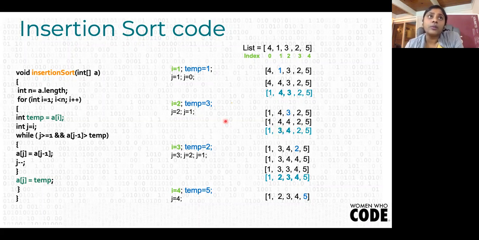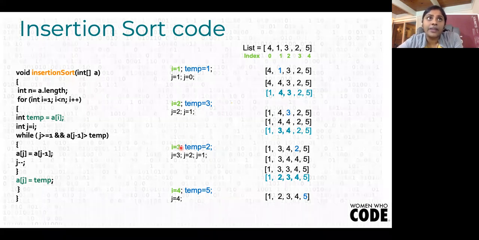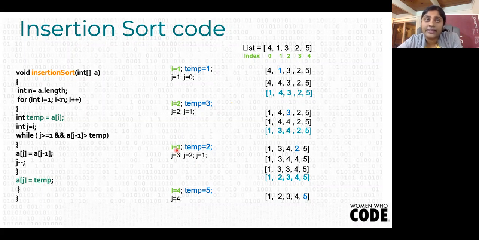And now the counter will get increased from index 2 to index 3. The element at index 3 is 2, so temp will hold 2. And j will start where i starts, so initially j's value will be 3. We are comparing 2 with 4. 2 is lesser than 4, so we know that 4 has to be shifted towards the right.